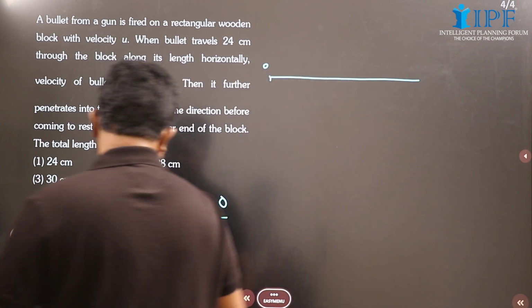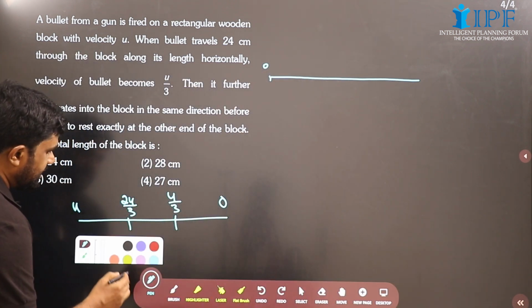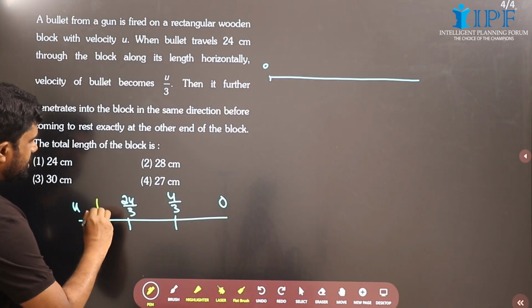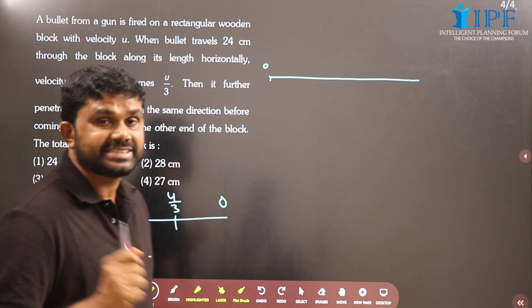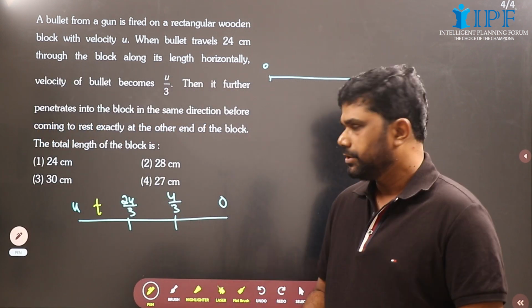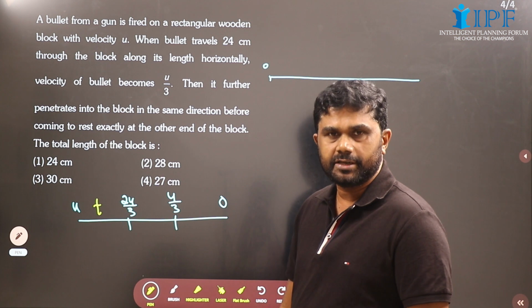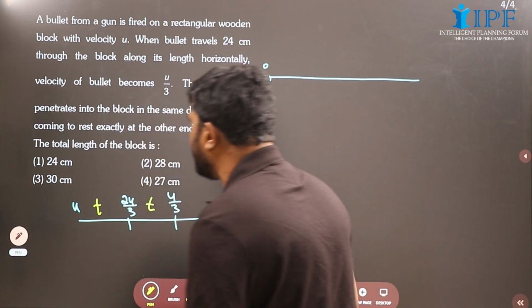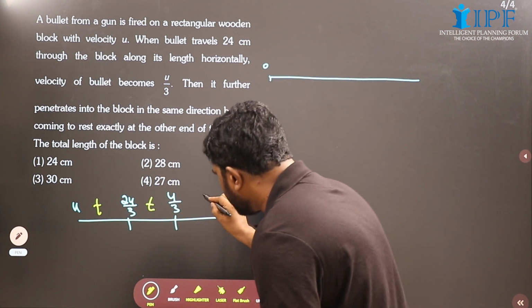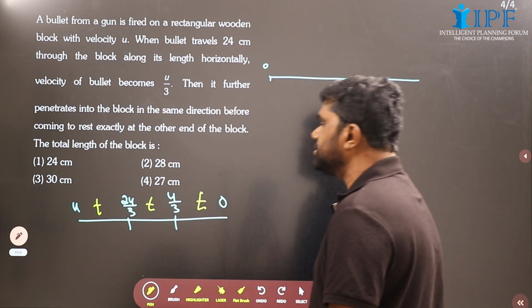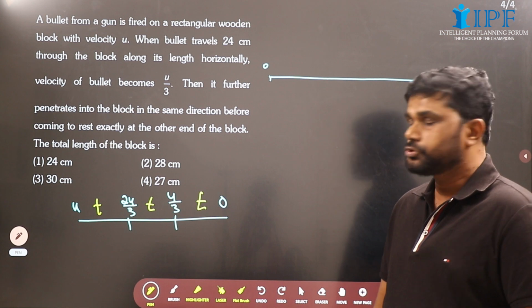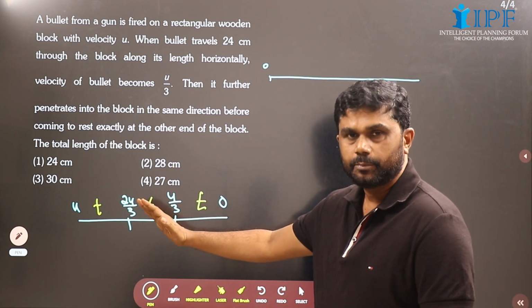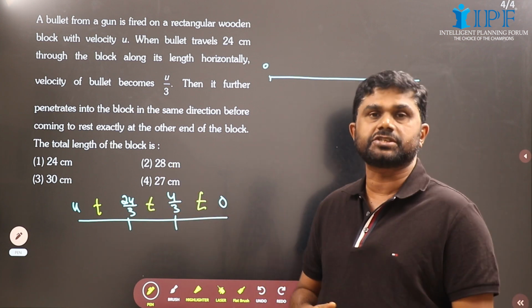Suppose this interval is t. During the first t seconds, velocity decreases by u by 3. In the next interval also it changes by the same amount. So in every t seconds, the body loses 1/3 of its initial velocity.